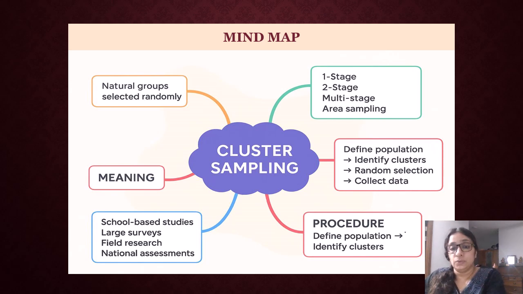First, we should have an idea from which population we collect the data, and then further we will define the clusters and we randomly select the clusters to collect the perfect samples of data. This cluster sampling is used for school-based studies, large surveys, field research, and national assessment.